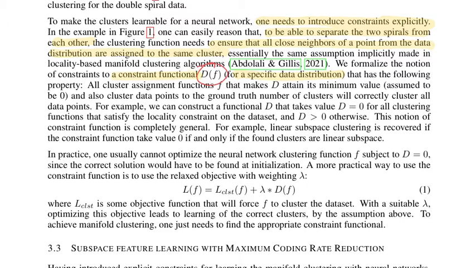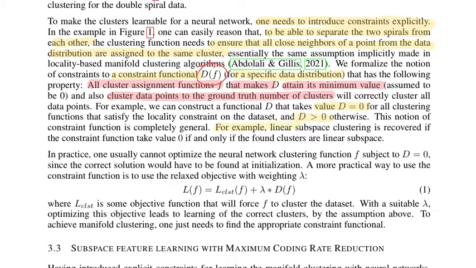The major property to consider is that all cluster assignment functions f that make D, this constraint functional, attain its minimum value, assuming that minimum value is 0, and also cluster data points to the ground truth number of clusters, will correctly cluster all the data points. An example definition is that we can construct a functional that takes value 0 for all clusterings that satisfy the locality constraint and above 0 otherwise.